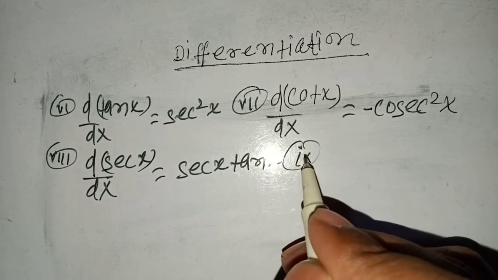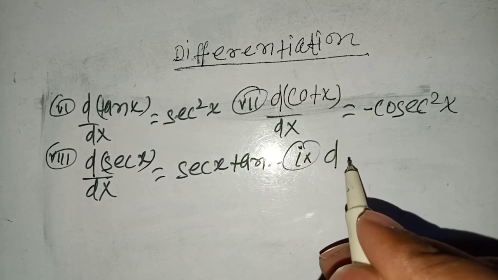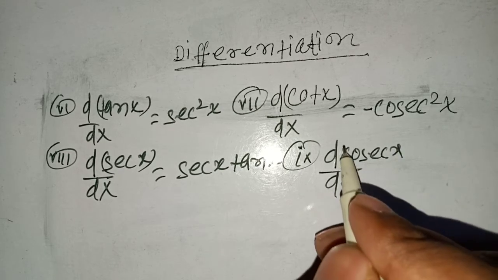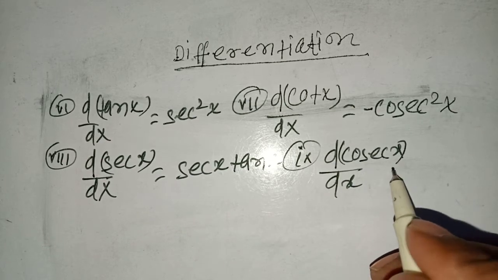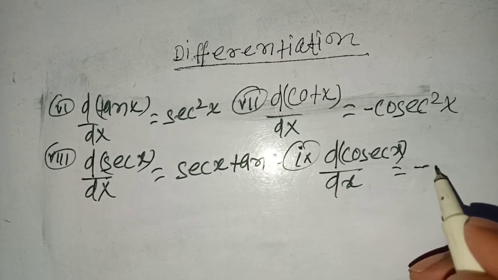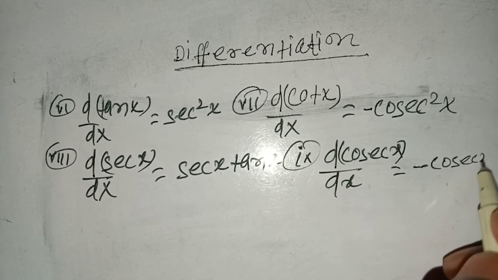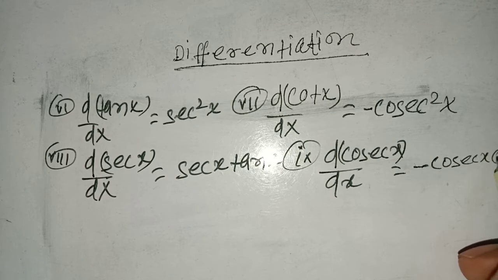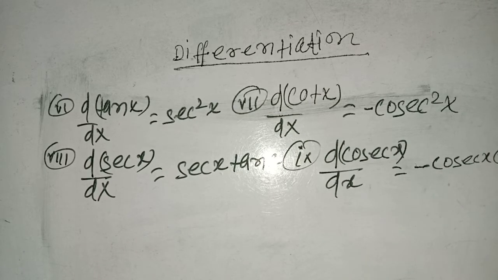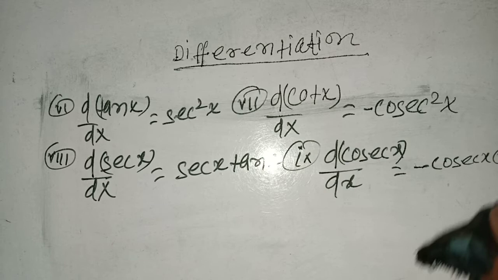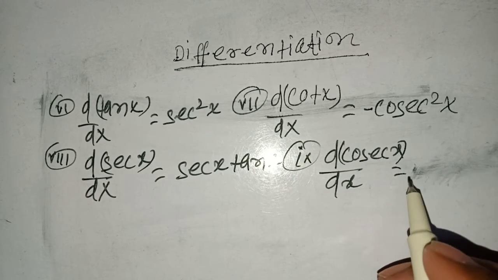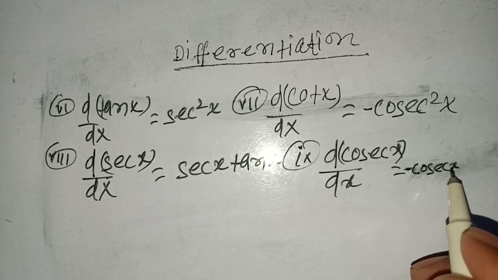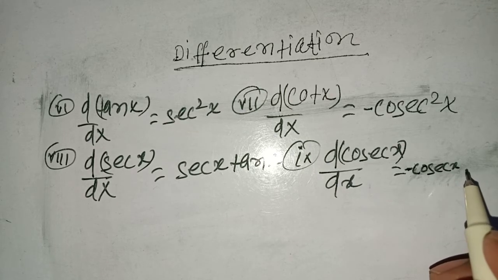Number 9, d cosec x by dx is equal to minus cosec x cot x.